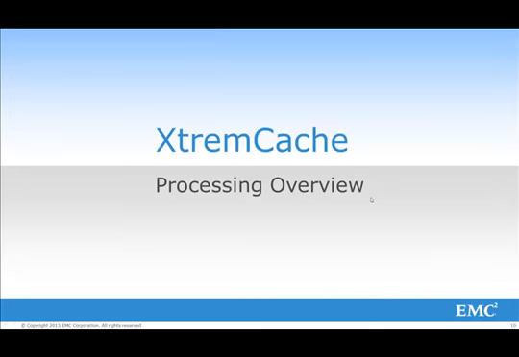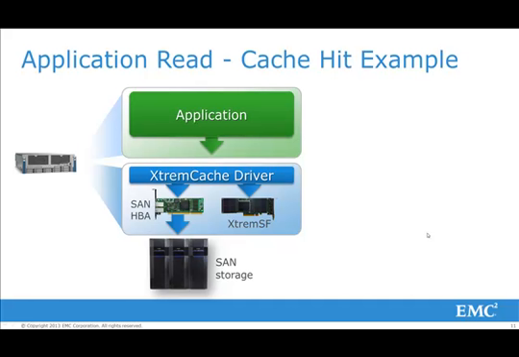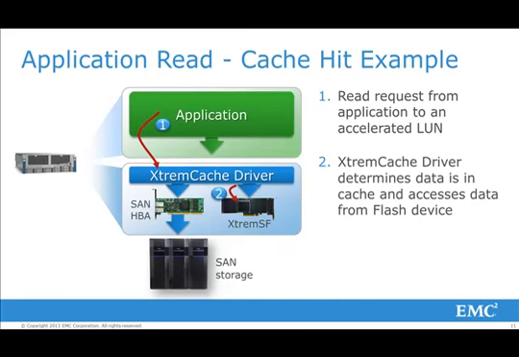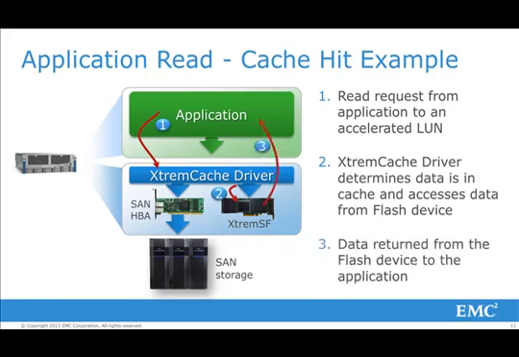Let's take a look at a processing overview of XtremCache. The first thing we'll look at is an overview of an application read. This particular example is of a cache hit. An application issues a system call to read a block of data that resides in a LUN being accelerated by XtremCache. Being a kernel driver, XtremCache determines that the data is in the cache and therefore accesses the data from the flash device, and the data is returned from the flash device to the application.